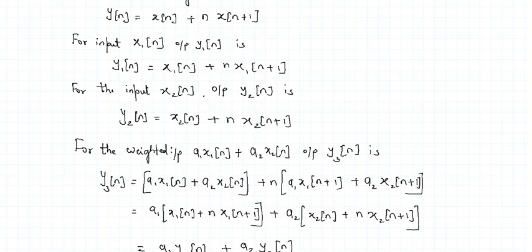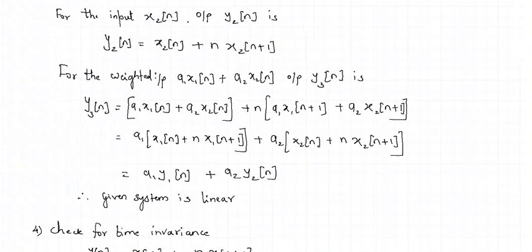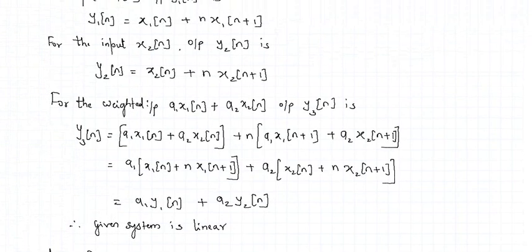Now let us simplify the given expression by collecting the a1 terms. We collect all the terms associated with a1 and we get this equation. We collect all the terms associated with a2 and this is the system equation. If you closely study the equation, this part is nothing but y1[n]: x1[n] plus n times x1[n+1] is nothing but y1[n].